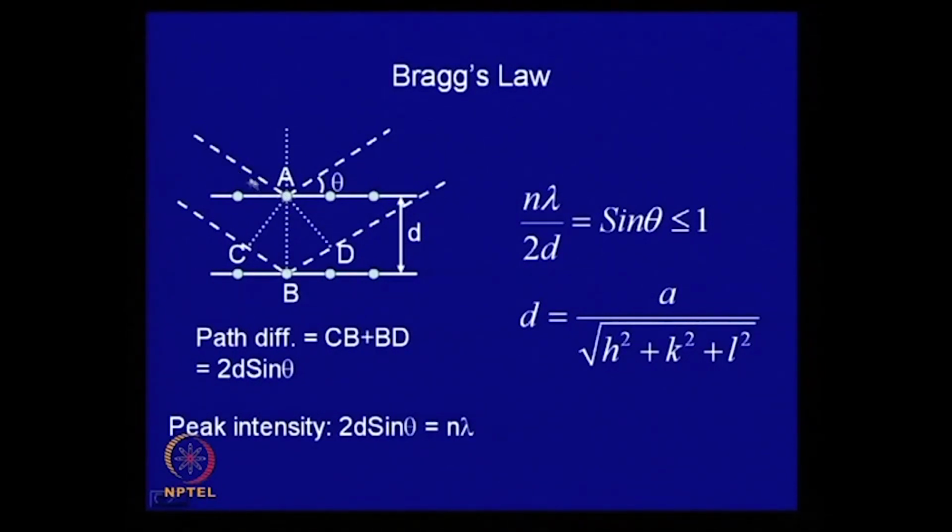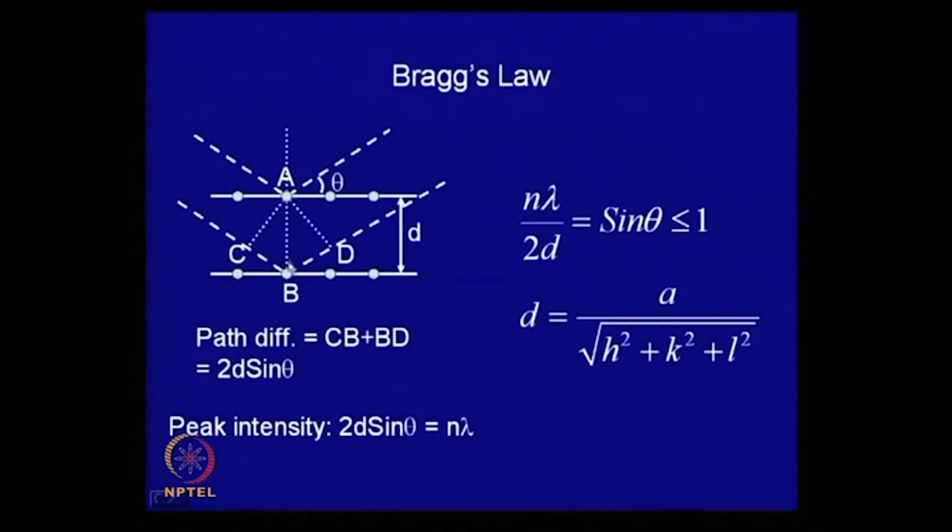As I said, we are familiar with the wave characteristic of X-ray. These are electromagnetic waves, and when waves having covered different paths interfere, you get an interference pattern or diffraction pattern. And it is possible to calculate the path difference here in terms of the d spacing.